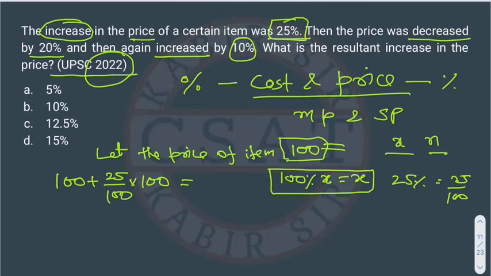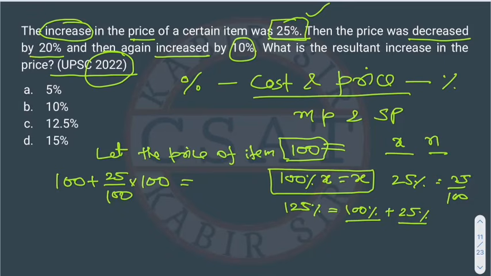So we are talking about 100% of some item, so it will be that item only. So here the question is saying that if there is an increase of 25%, we can also write 125%. Why? Because it will be like 100% plus 25%. Okay, and 100% is the item itself and 25% is extra 25%.